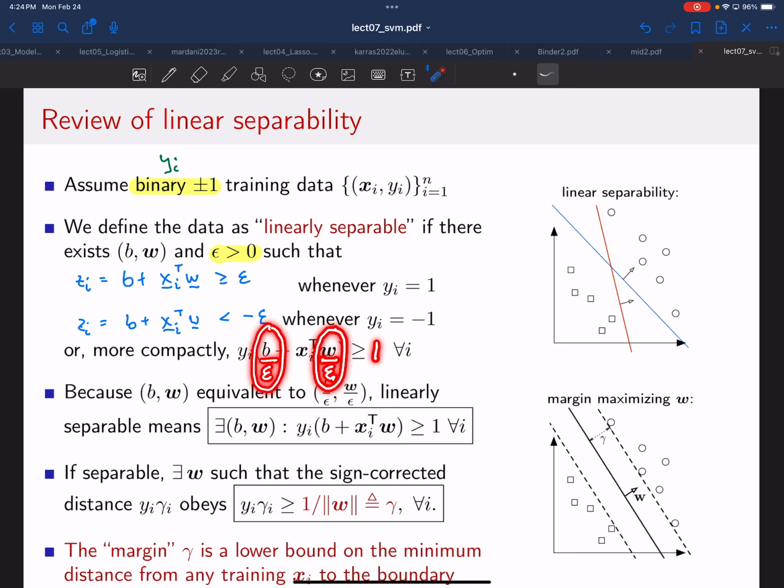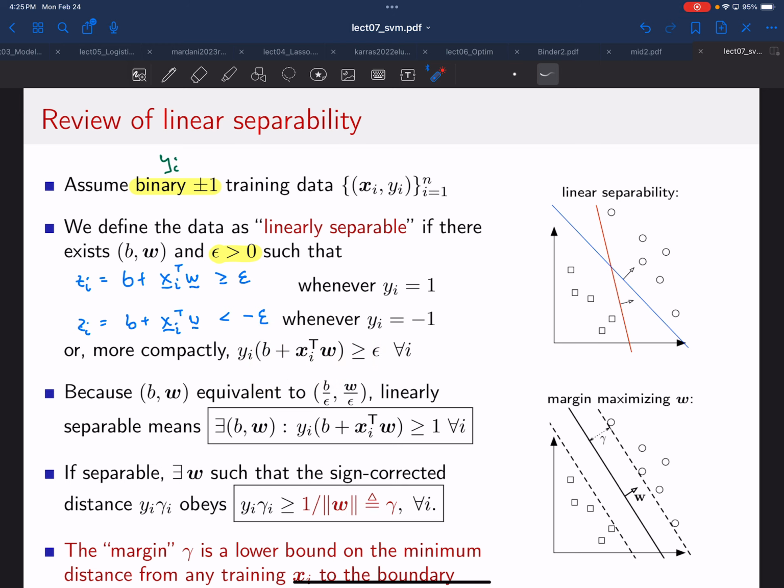And remember that if we scale b and w together by the same positive number, that is basically giving us an equivalent classifier. The boundary is identical, right? So essentially it's just a new classifier with the same boundary, but a slightly different scaling on the score.